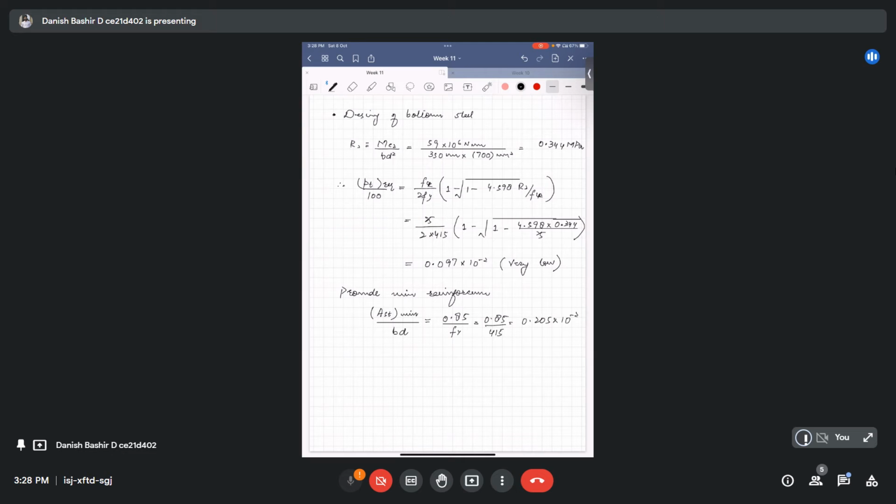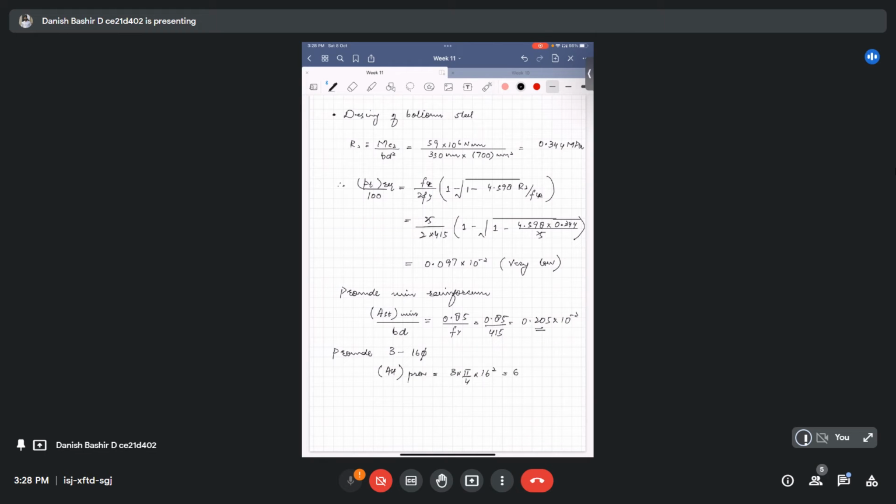If you look at how much lower the required value was than the minimum value, we have to go with the minimum one. So I am going with 3 bars of 16 diameter. AST provided is 3 times pi by 4 times 16 square.